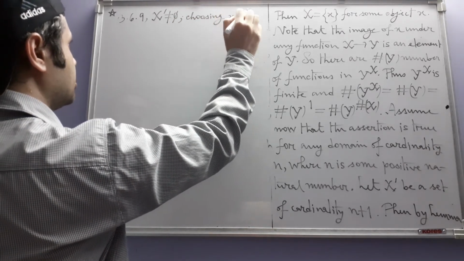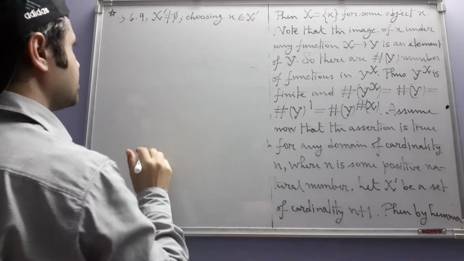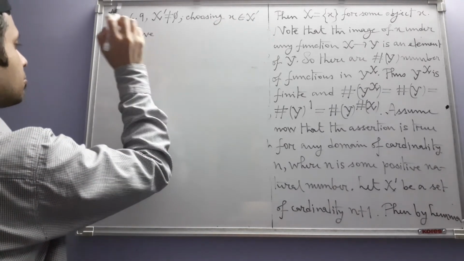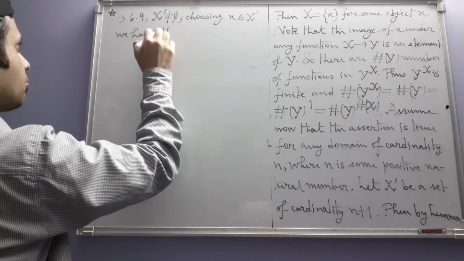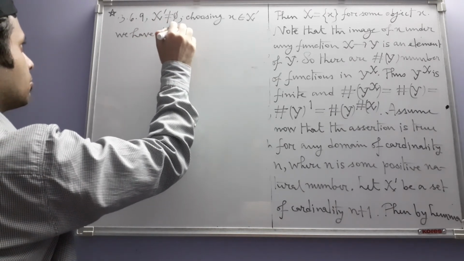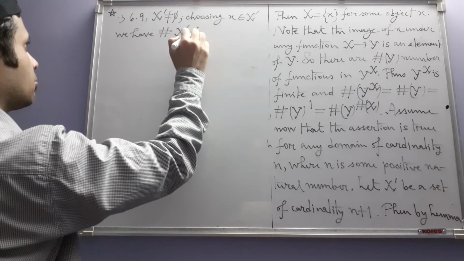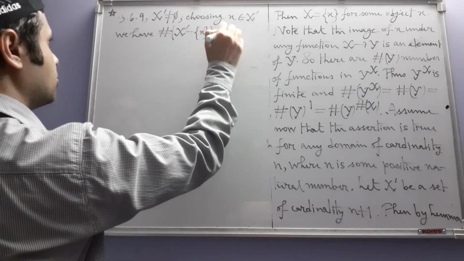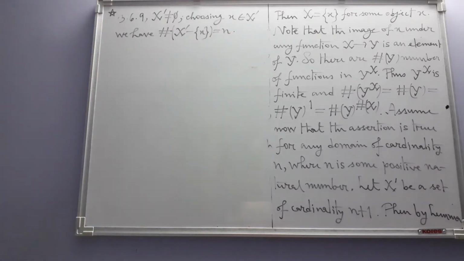Choosing some element x in x prime, we have this equal to n.